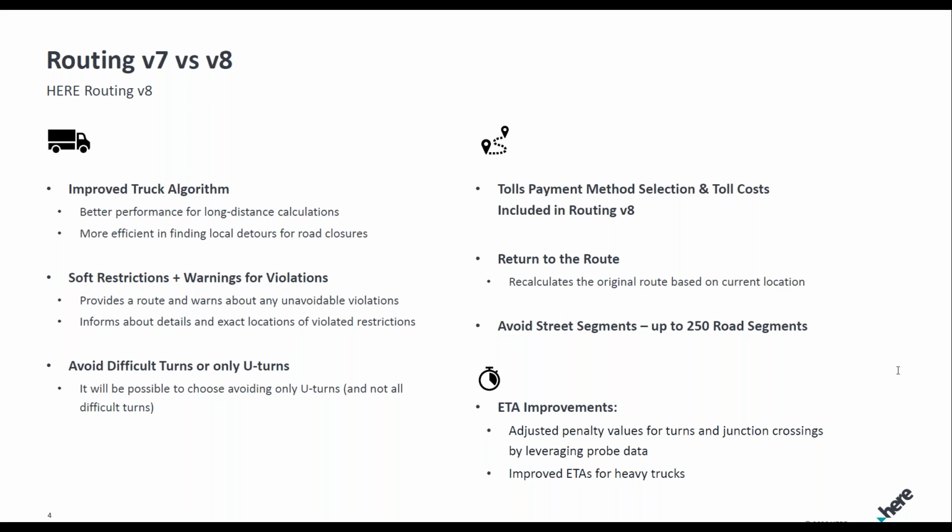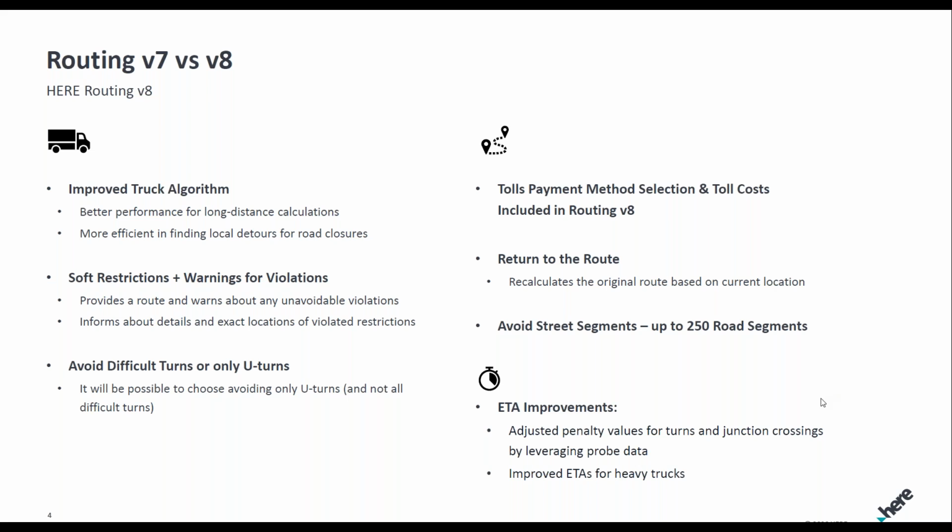Let's look at routing version 8 and 7. I actually want to highlight the matrix routing. That was the most impressive to me, which Marek introduced, because it got so much enhanced with the number of waypoints, with the time and speed the matrix is being calculated.